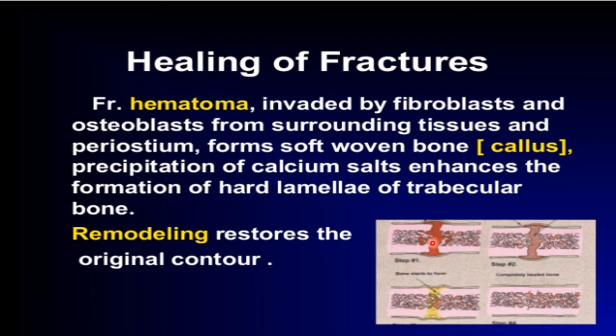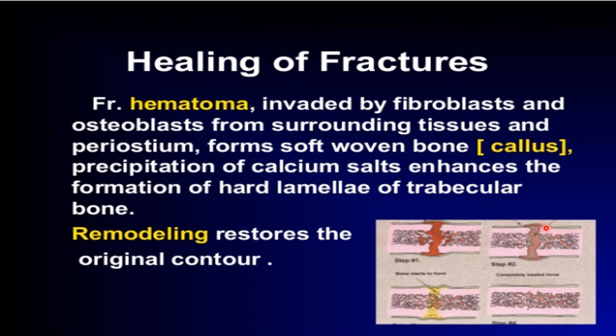This fracture hematoma is a collection of blood. It is then invaded by fibroblasts and osteoblasts from the surrounding tissues and the periosteum of the bone. And this forms a soft woven bone, which is excessive bone, more than required.